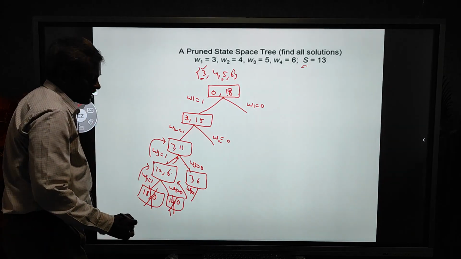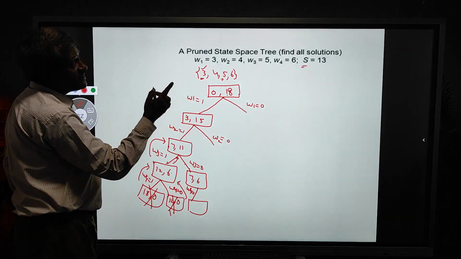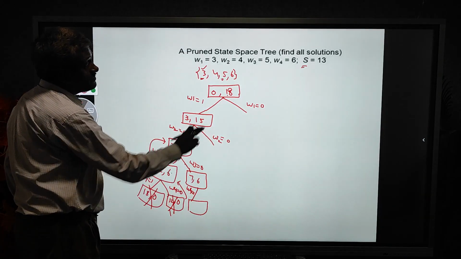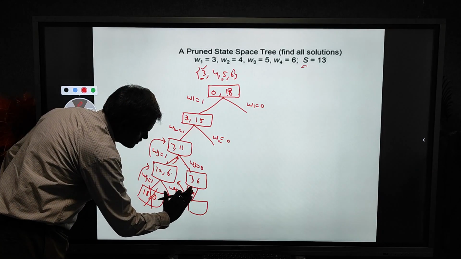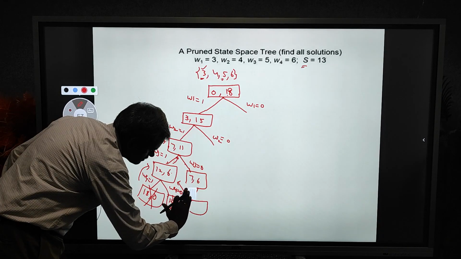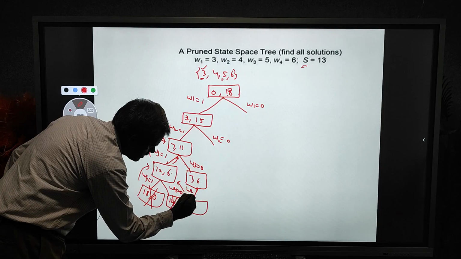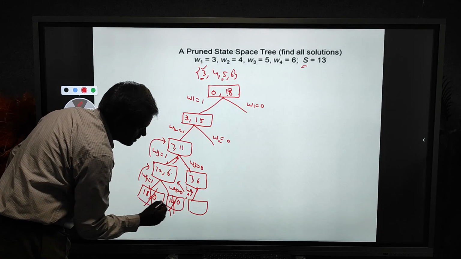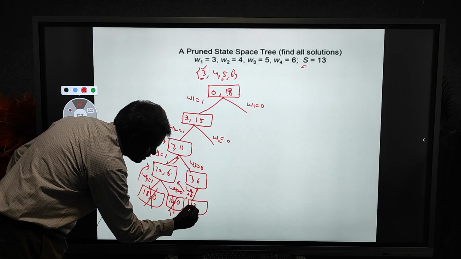W4 is equal to 1. If I am going to consider that, okay, 7 plus how much remained? The fourth element, that is 6. That is W4 is equal to 1. Now if I consider that, 13 and 0.